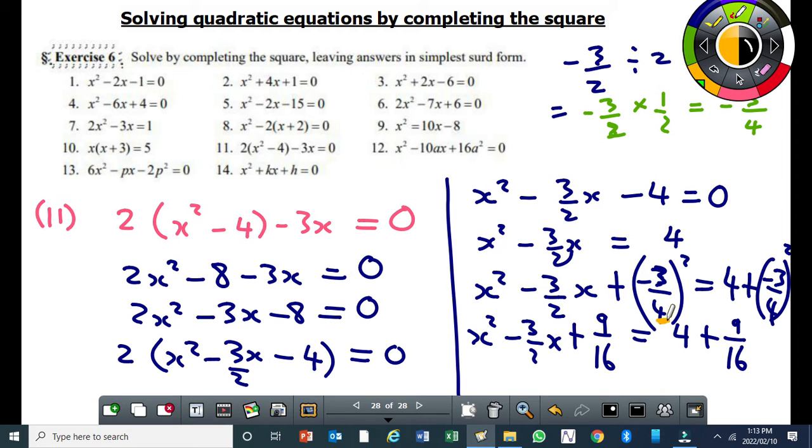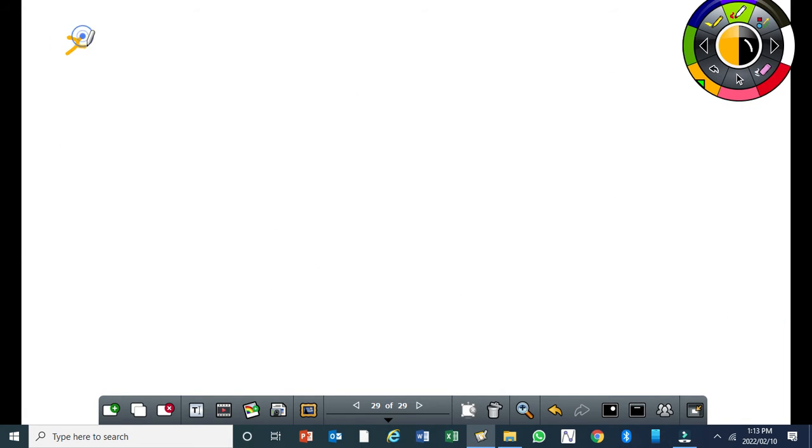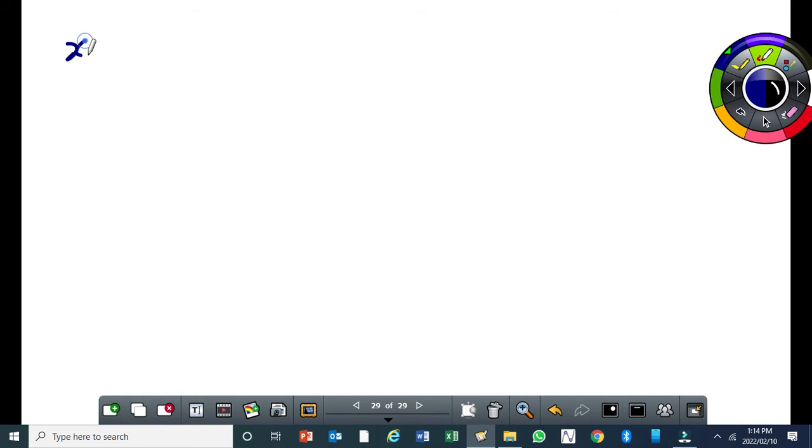So there I've got 64 plus 9, I'll get 73 over 16. Okay? Right? So I'm going to move on to the next page. Any question? Okay, so on the next page I can write x minus 3 over 4 squared is equal to 73 over 16.